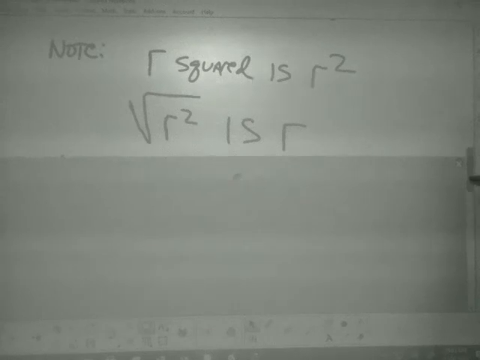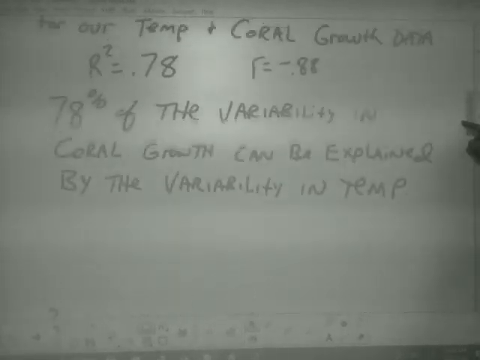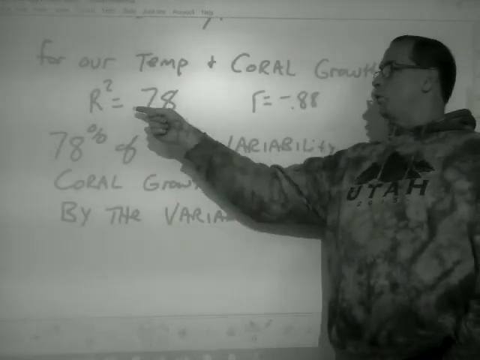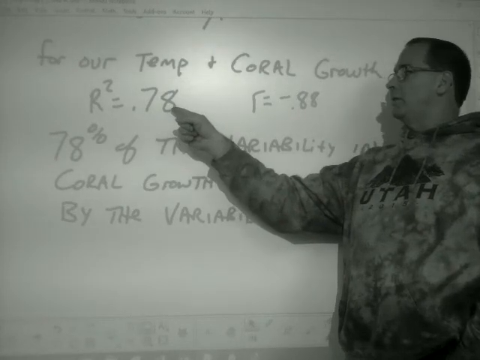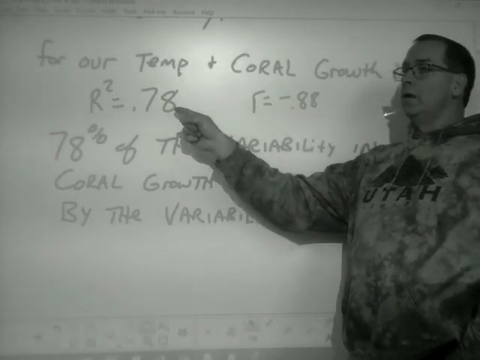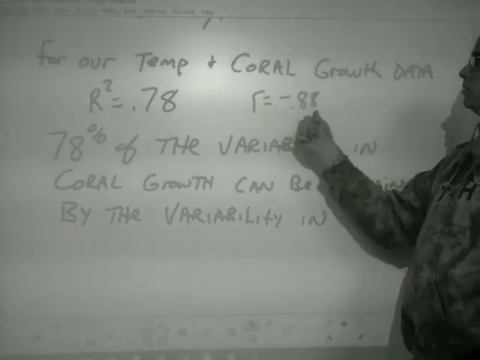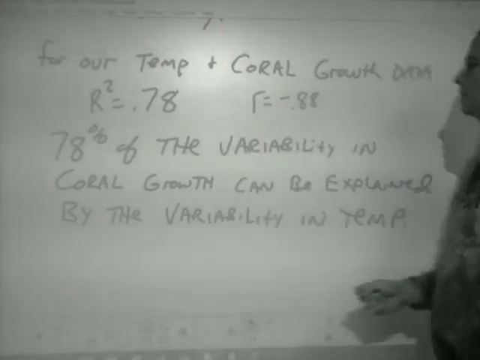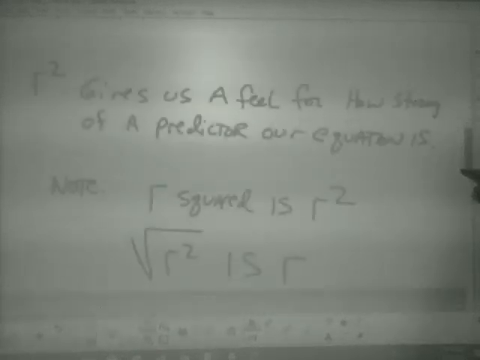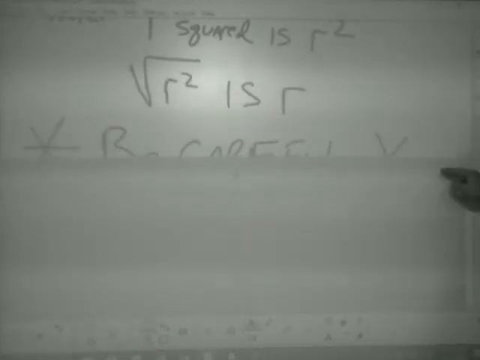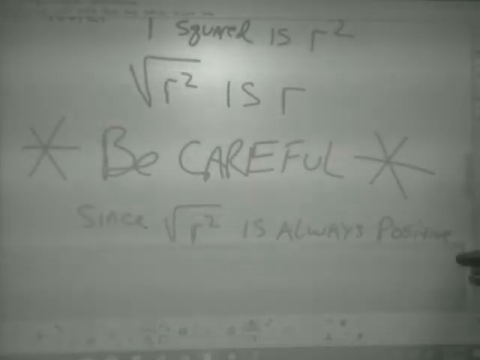But here's the problem. As you can see in this question, if I take the square root of 0.78, I get 0.88. But this was negative, because if I take this negative value and square it, I get 0.78. So because of what you learned early on in algebra, you have to be careful.